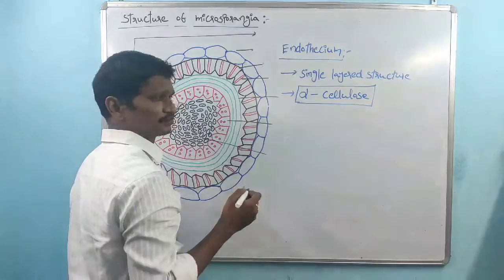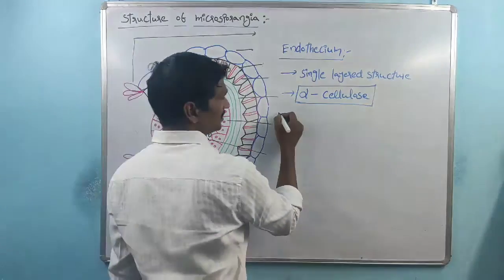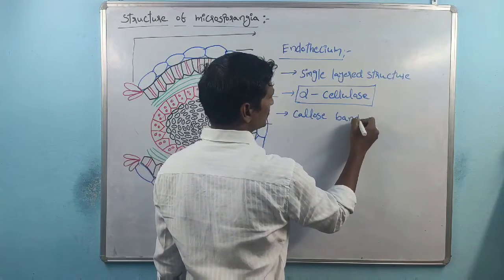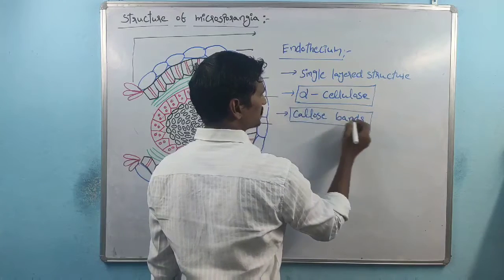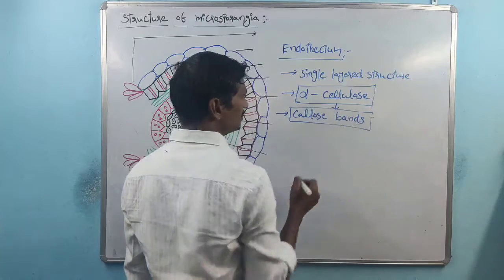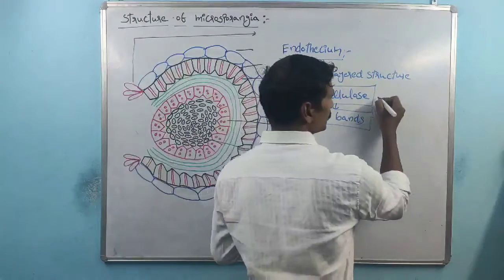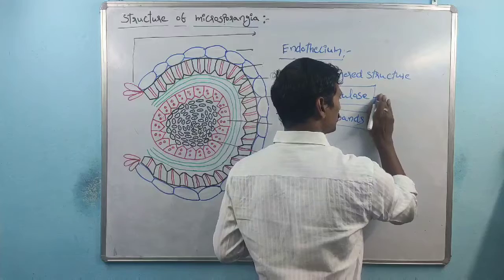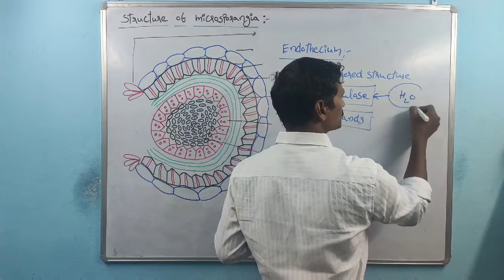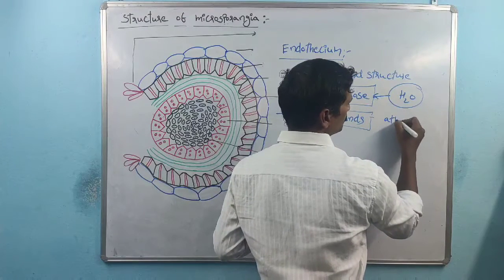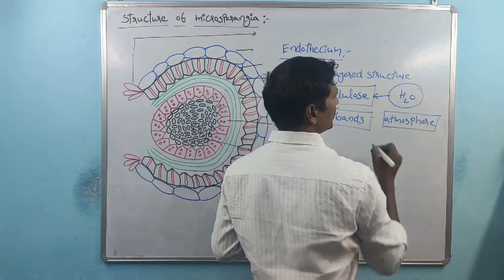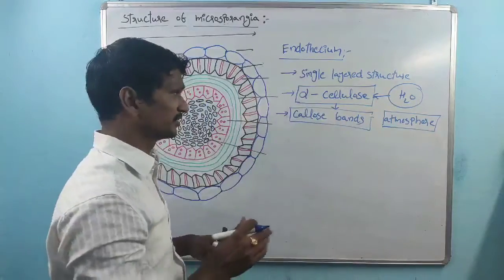So the callus bands are made up of alpha cellulose, right? That alpha cellulose is responsible for the absorption of water from the atmosphere.